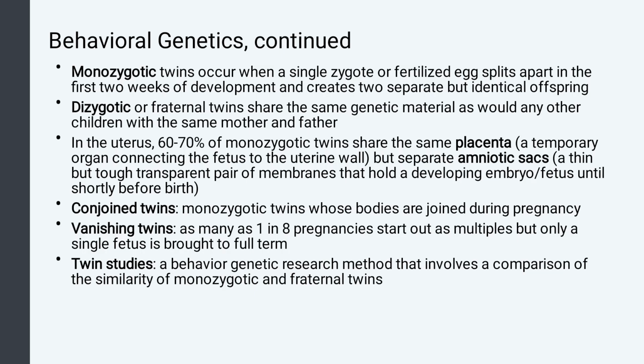Okay, so we have here conjoined twins, whose bodies are joined during pregnancy, and vanishing twins. As many as 1 in 8 pregnancies start out as multiple but only a single fetus is brought to full term. So with vanishing twins, there was a twin, but only a single fetus is brought to full term.